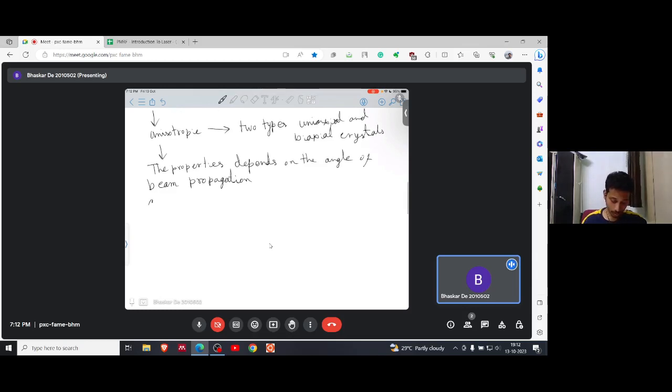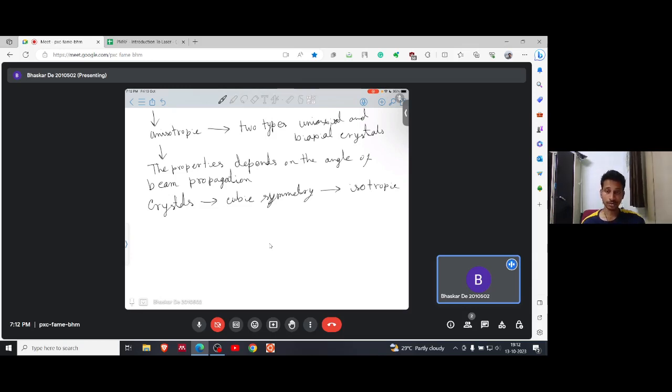So the crystals that have the cubic symmetry are all isotropic.